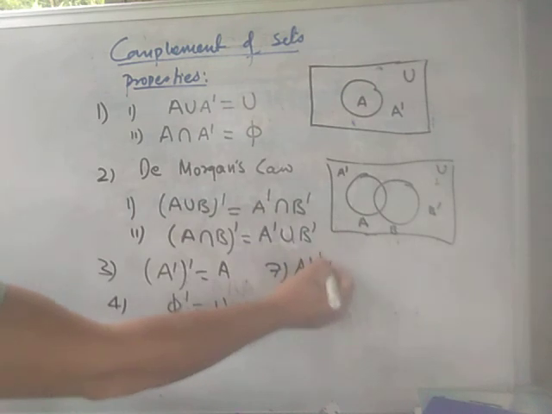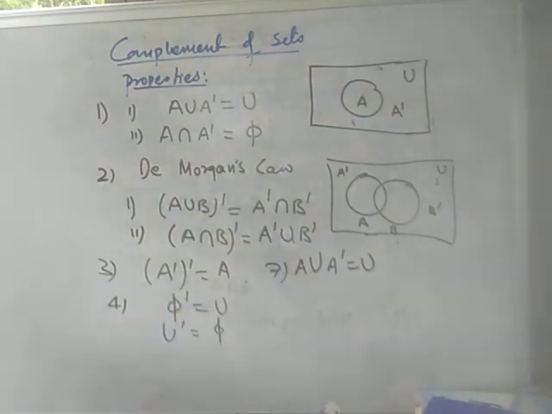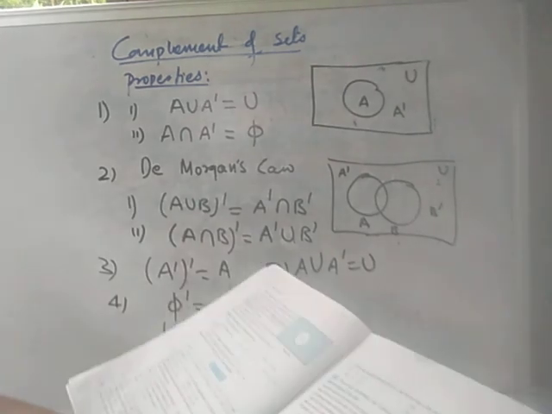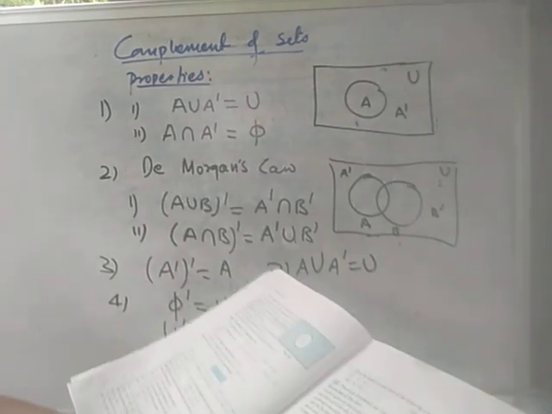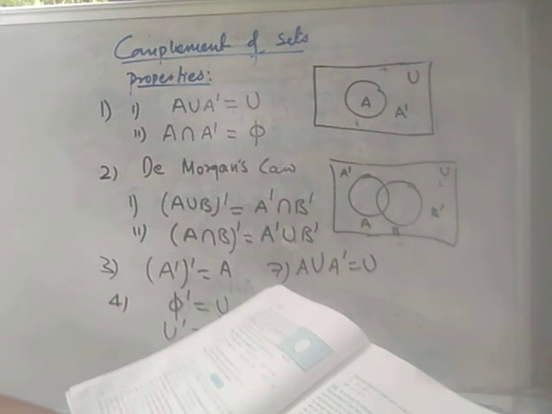A union of A complement equals to U, isn't it? Just see and do all the exercise 1.5. If you don't understand this, then I'll do. तिमीले भन्नुपर्छ नि त बुझेन भने.